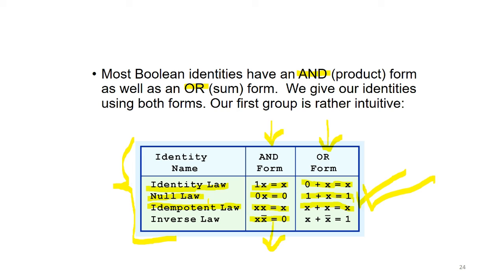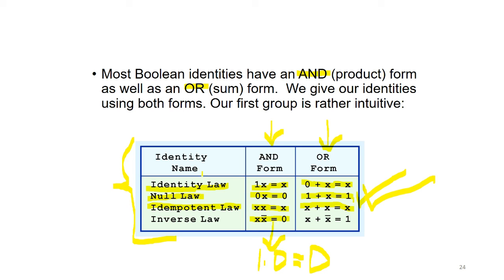Let's say the value of x is 1, so x bar will be 0. So 1 multiplied with 0, what are we supposed to get? We are supposed to get 0 itself. Is it matching with our final answer?